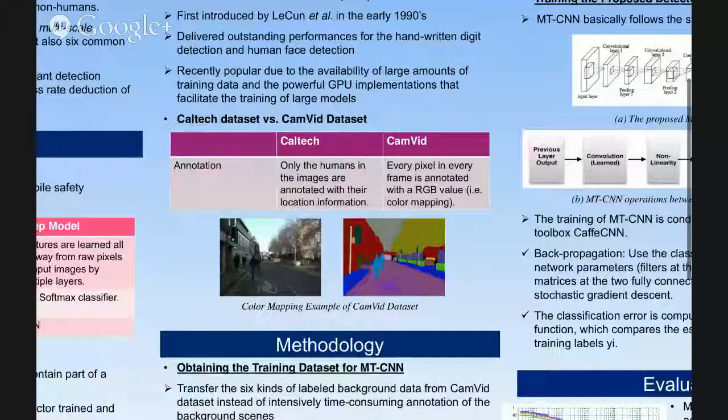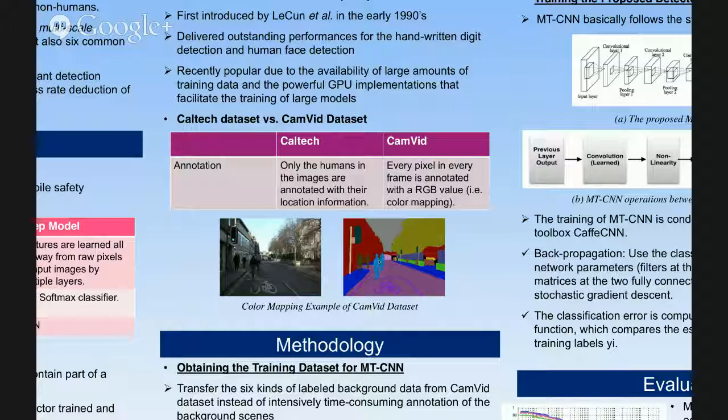Caltech dataset and Cambridge dataset both record street scene images. The main difference between those two is that Caltech only annotates the humans in the images with the location information, while in the Cambridge dataset, every pixel in every frame is annotated with an RGB value.